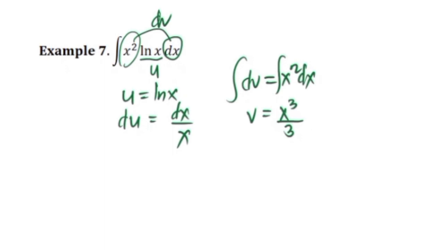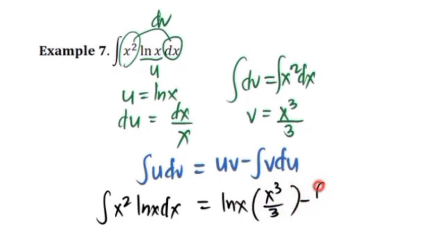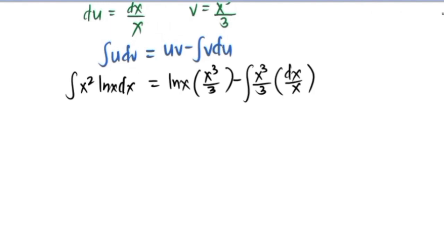So from our formula, the integral of u dv is equal to uv minus integral of v du. We would have the integral of x squared ln x dx is equal to uv. Your u is ln x and your v is x cubed over 3 minus the integral of v du. Your v is x cubed over 3 and du is dx over x.